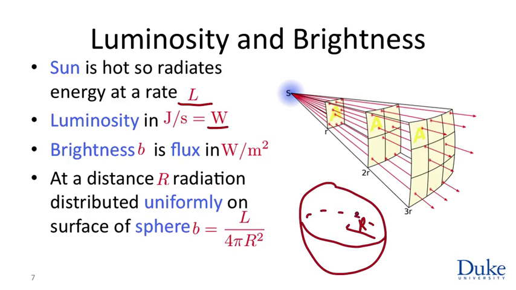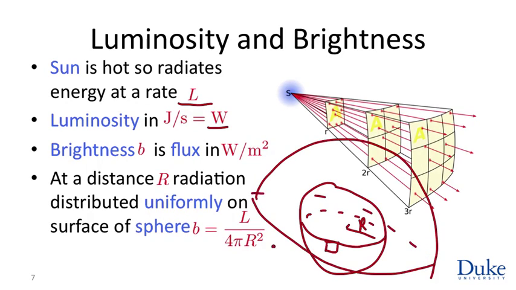If you are at some distance, your detector takes up some fraction of that sphere. If you are twice as far, the sphere is larger, and your detector now takes a smaller fraction of this larger sphere. Since all of the sun's rays pass through this sphere, and all of the sun's rays a little later pass through this sphere as well, the net total amount of energy passing through each sphere is the same, but the total amount passing through a fixed detector decreases because the spheres grow larger, whereas the detector does not.